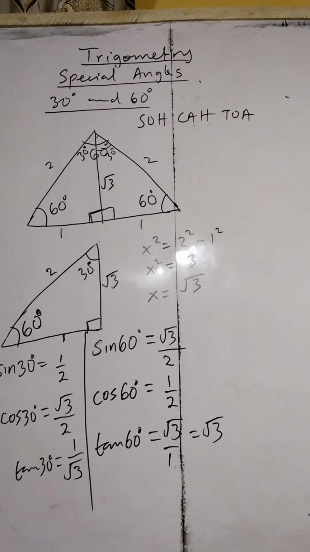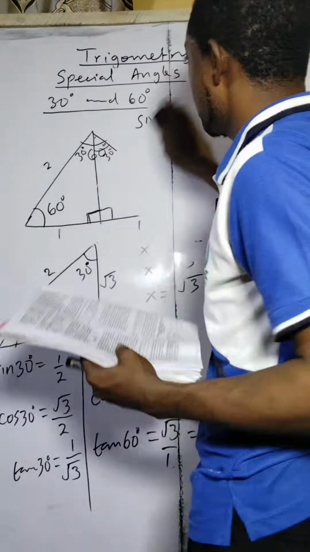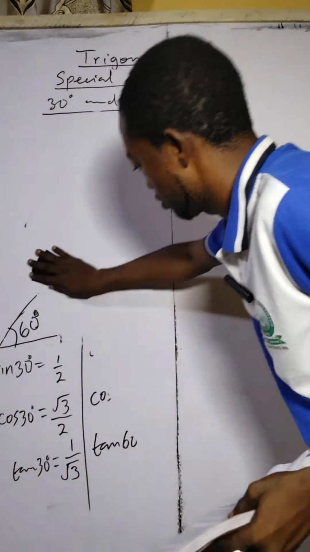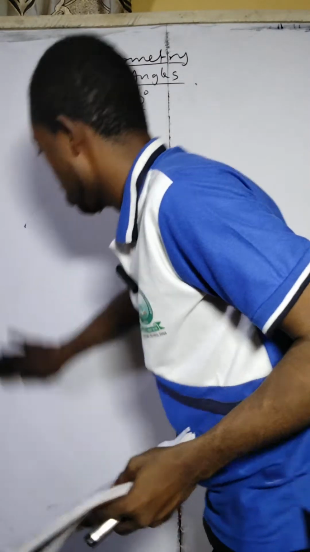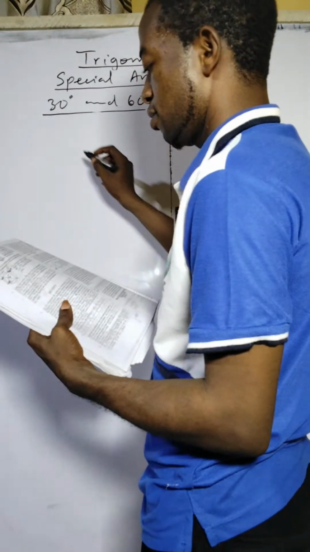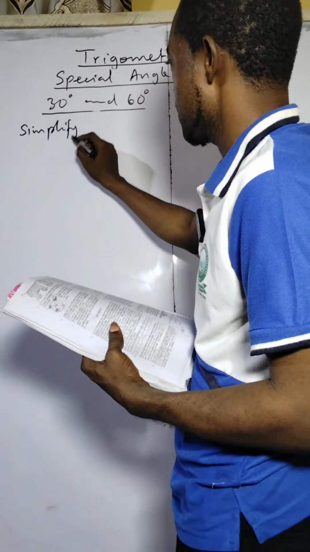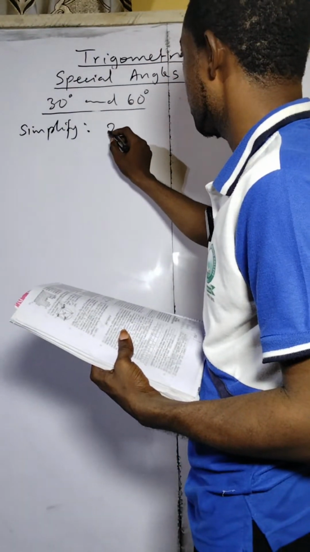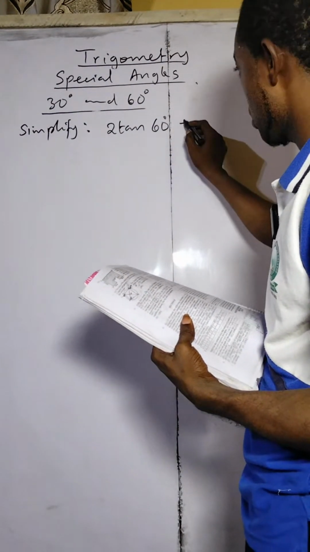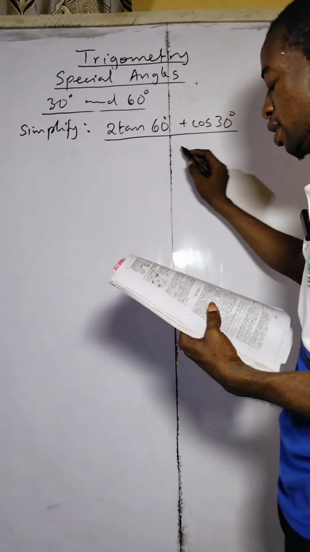We have this particular question that says simplify 2 tan 60 degrees plus cos 30 degrees, all divided by sine 60 degrees.